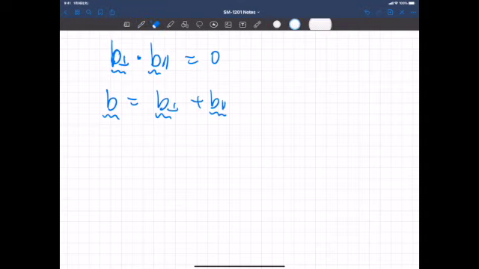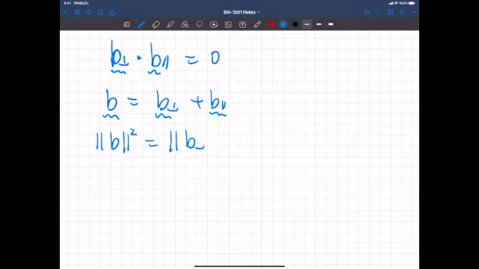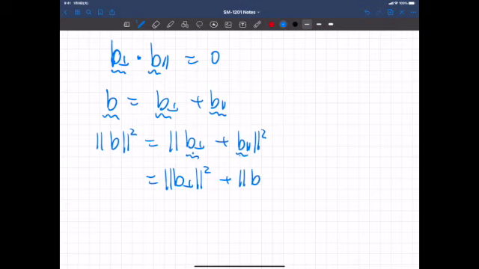If we take the modulus of both sides, we have this. However, since the dot product between this and this is 0, we have B perpendicular squared plus B parallel squared.